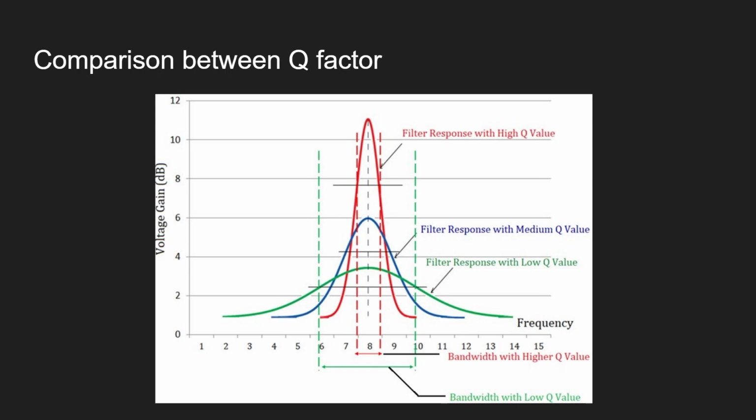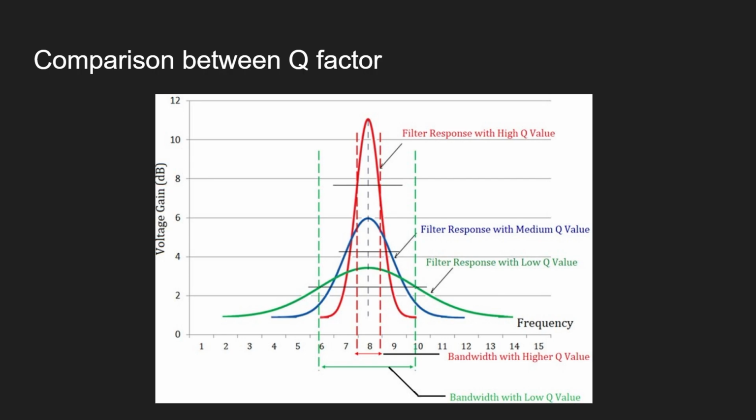Only within the negative 3 dB points is the working frequency of the filter or of the antenna. That's why we just measure this little range here for the red filter.